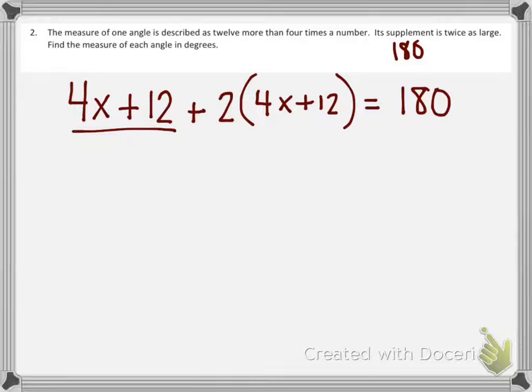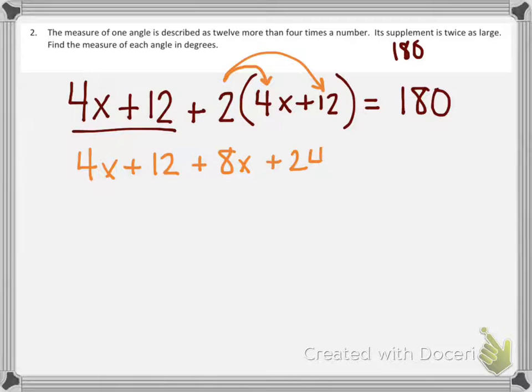All right, so now we're going to simplify. First, I'm going to use the distributive property, and I'll get 4x plus 12 plus 2 times 4x is 8x plus 2 times 12 is 24. That's all equal to 180.